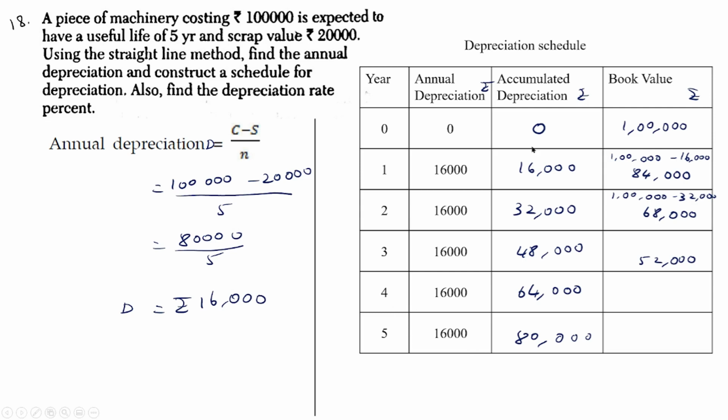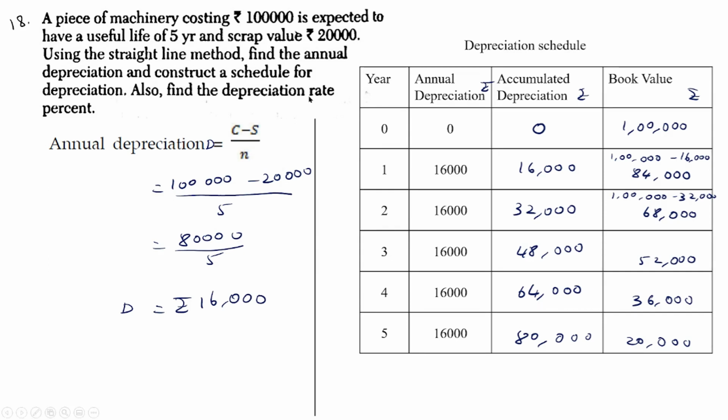At the end of 4th year, it is 1 lakh minus 64,000, which is 36,000. And at the end of 5th year, it is 1 lakh minus 80,000, which is 20,000. So at the end of the life of the asset, the book value was the scrap value. These two are equal. So this is the depreciation schedule.